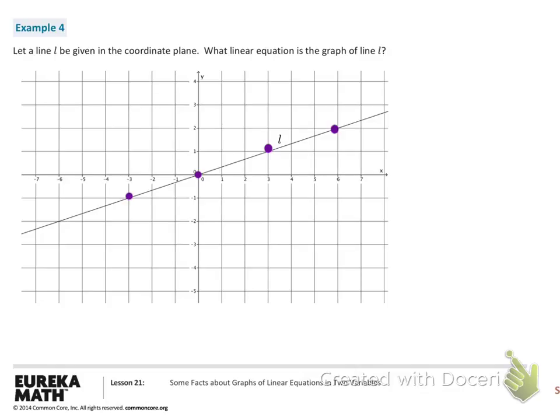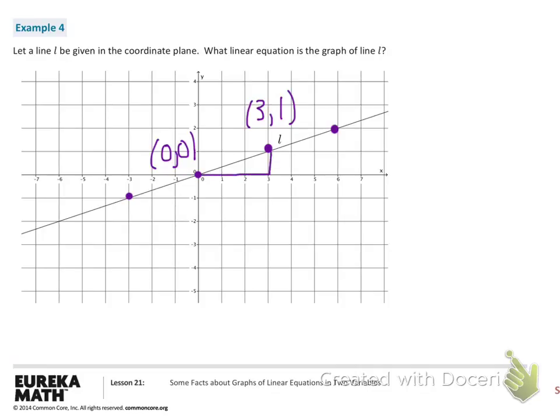We've got the point 0, 0, and we've got another point up here, which is 3, 1. Okay, so what is the slope of this line? Well, let's draw our slope triangle.